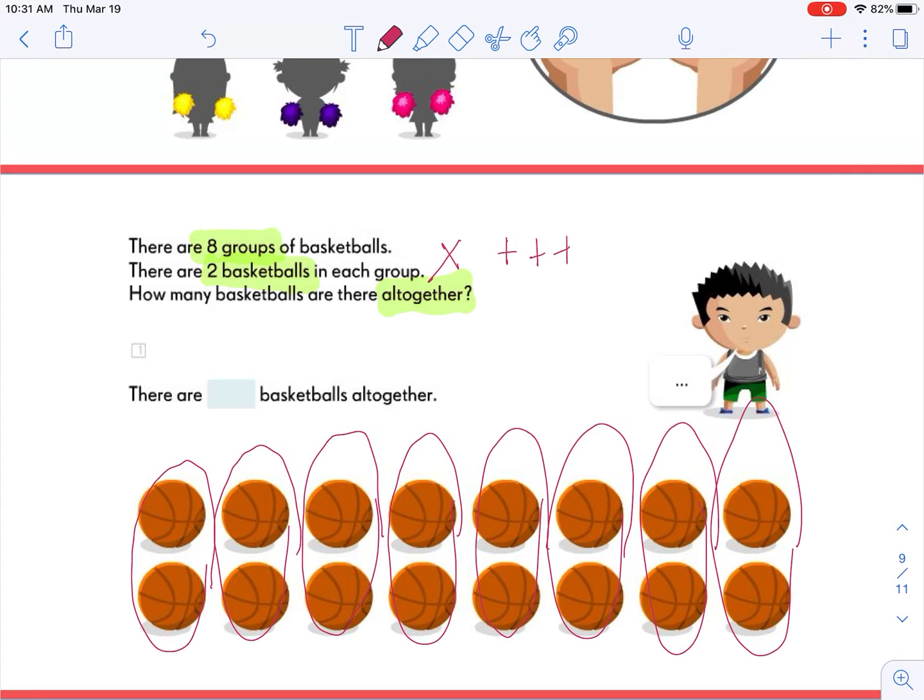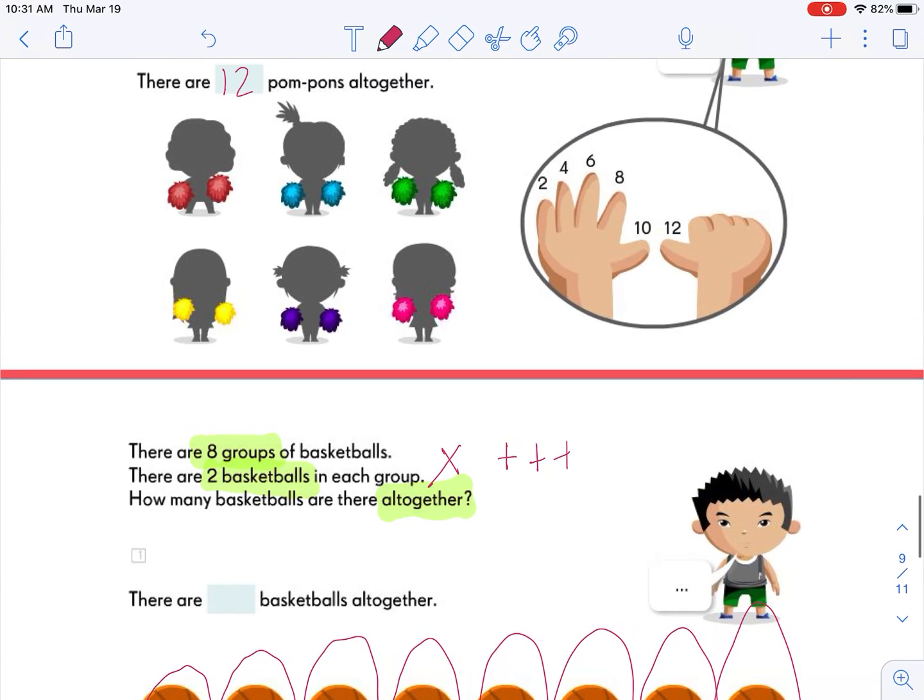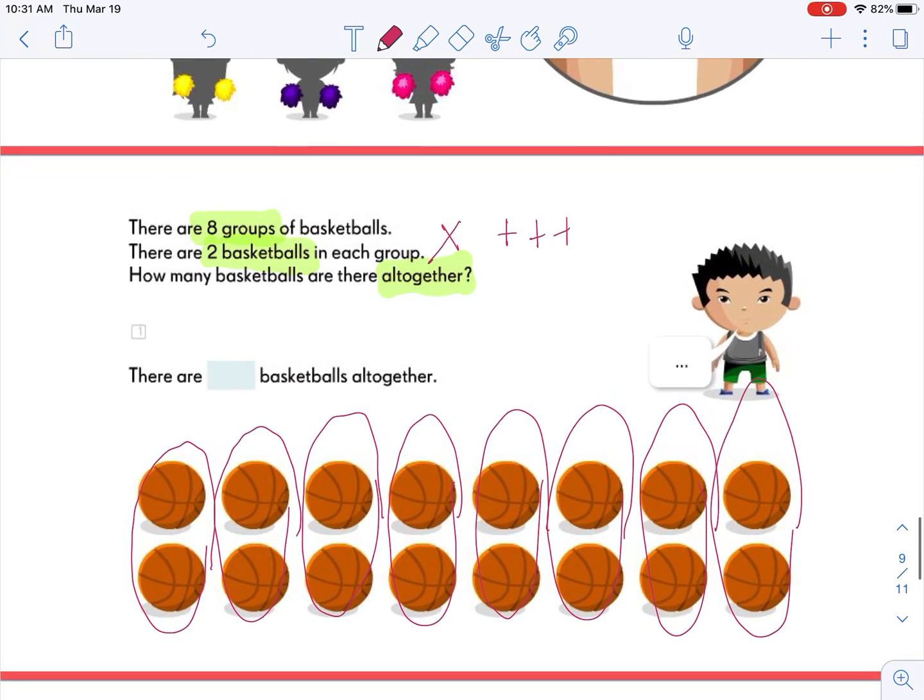So again, I want you to try to use your fingers to count. We're going to stop when we put our 8th finger up. The number we say when we put our 8th finger up is going to be our answer. Again, we are skip counting by 2's. Everyone put 2 flat fists out.